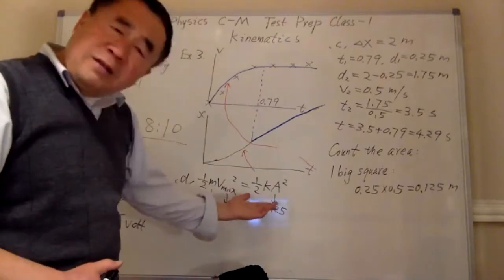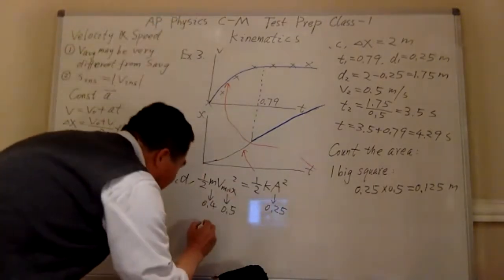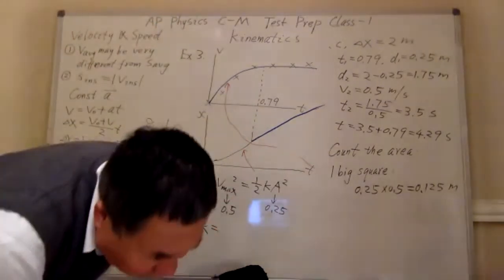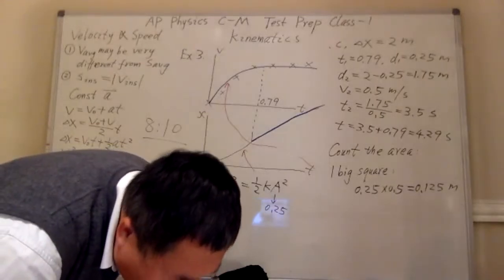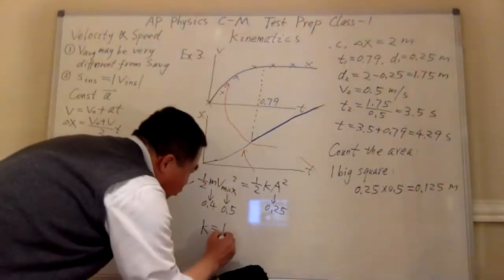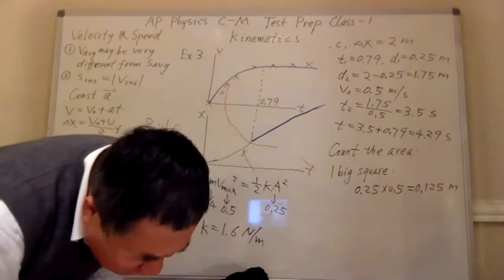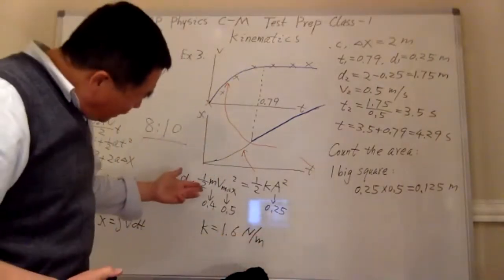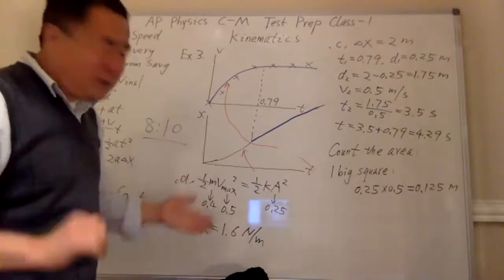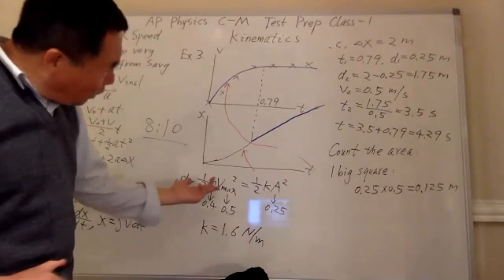We put all the information in and then find the spring constant, in Newton per meter. Anyway, if you haven't learned that, it doesn't matter. We have a special class that talks about spring topics.